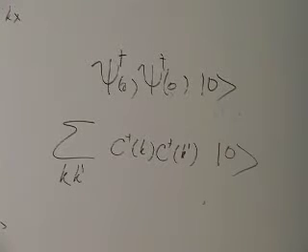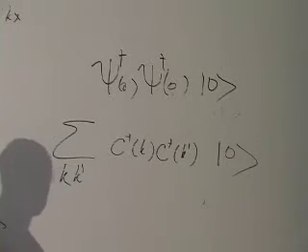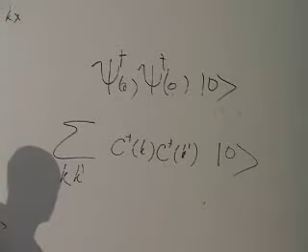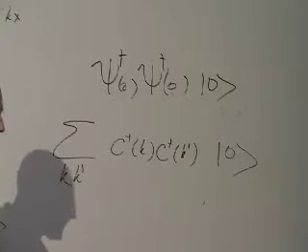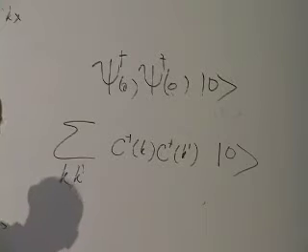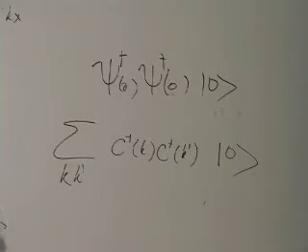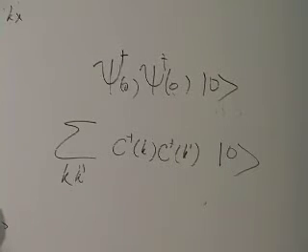Well, what is this? Can anybody tell what this is? All the terms are 0 when k does not equal k prime. No, it's zero in any case.